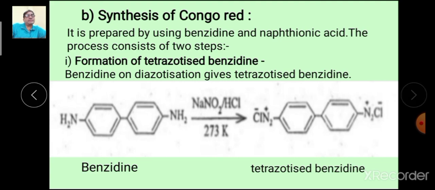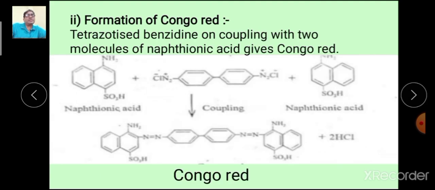In the second step, this tetraazotized benzidine on coupling with two molecules of naphthionic acid gives Congo red. This is the acid, one molecule. This is our tetraazotized benzidine obtained in the first step. This is the second molecule of acid.